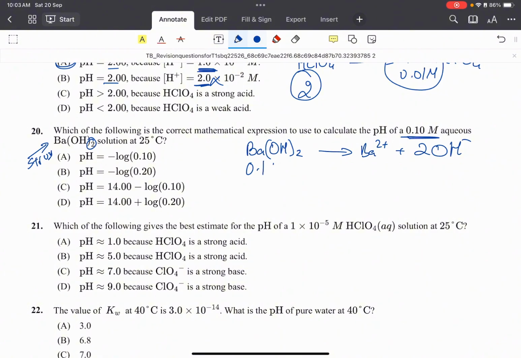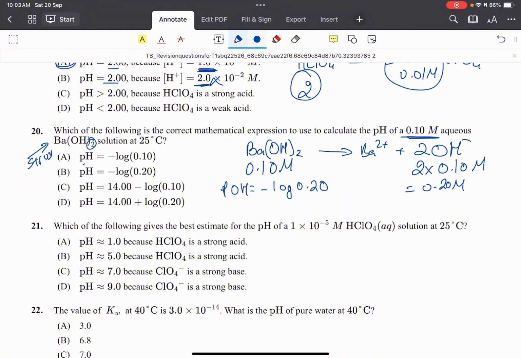So if I have here 0.10 molar, here I have 2 times this concentration. So it's equal to 0.20 molar. So having an OH minus, I can first calculate the pOH. So the pOH is minus log OH minus, minus log 0.20.